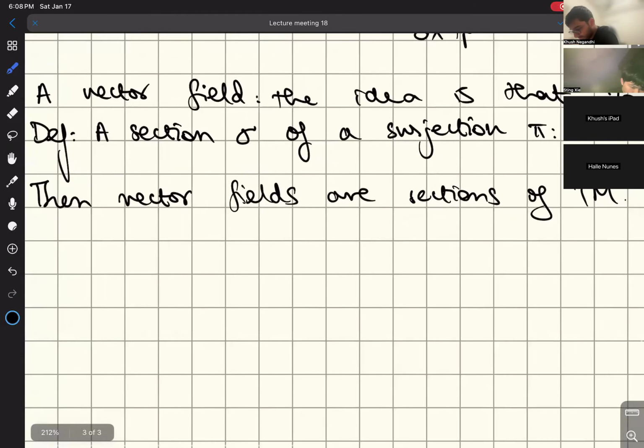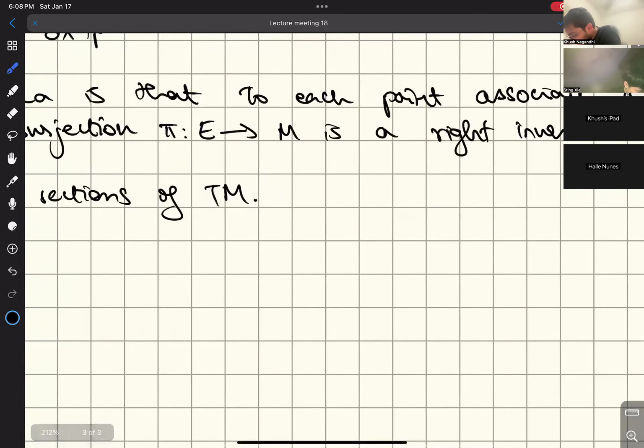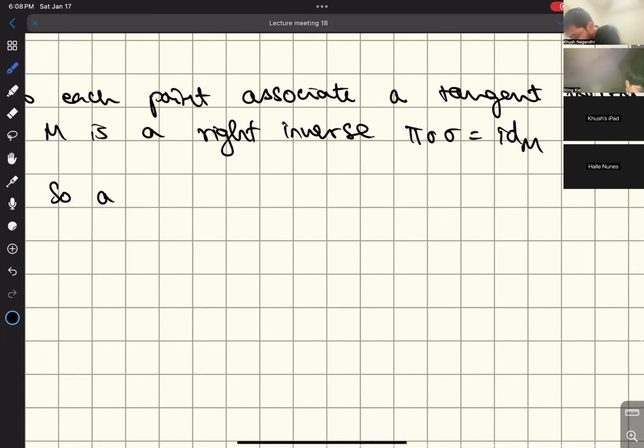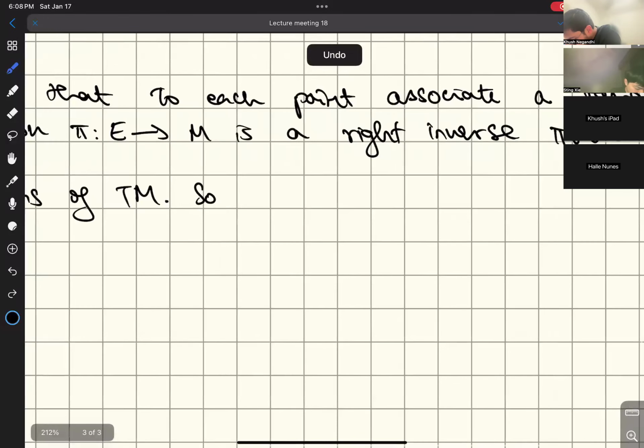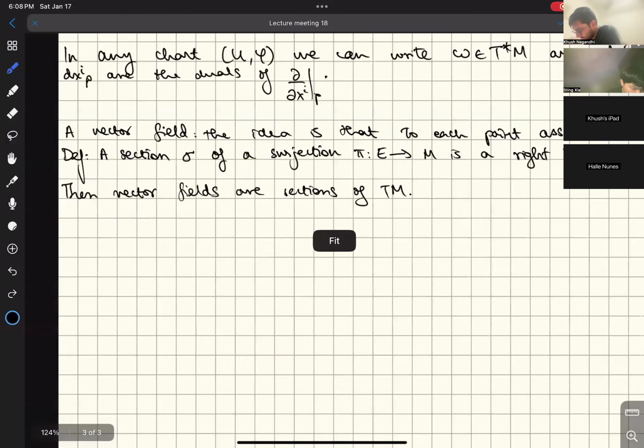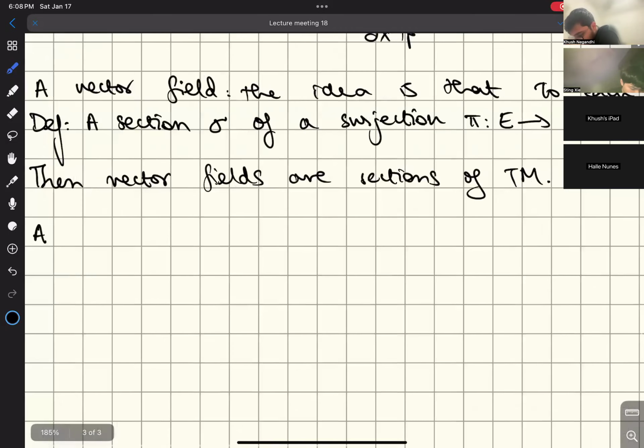So the space of smooth sections, so a smooth section. So a vector field X from M into TM.